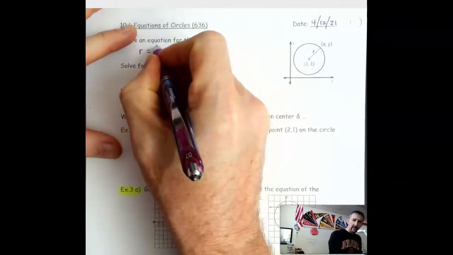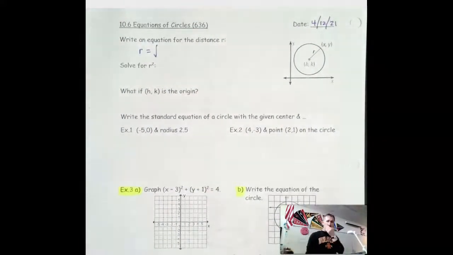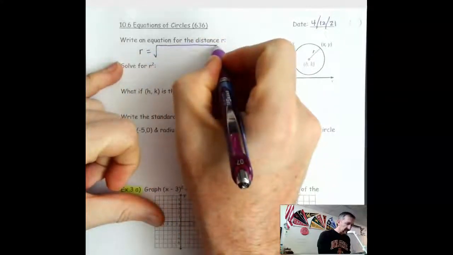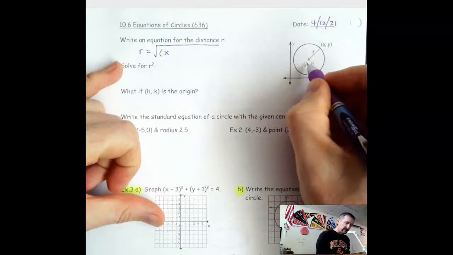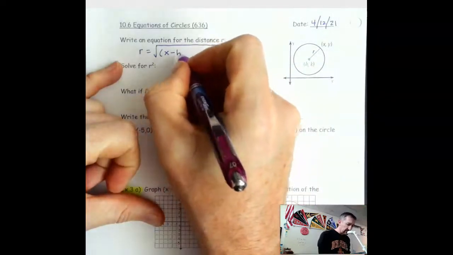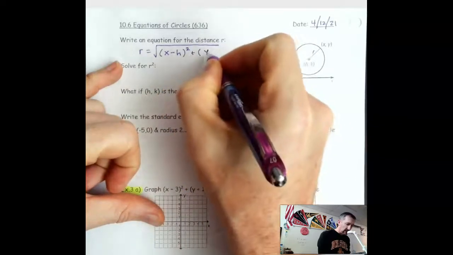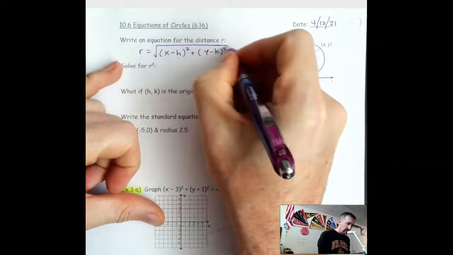We've been focused on the Pythagorean theorem a lot more lately. They're related to each other. So the distance formula is x minus h, squared, plus y minus k, squared.